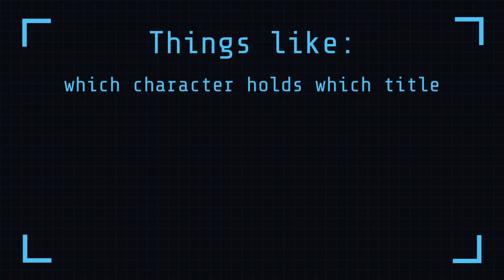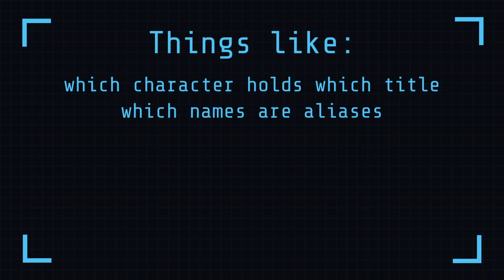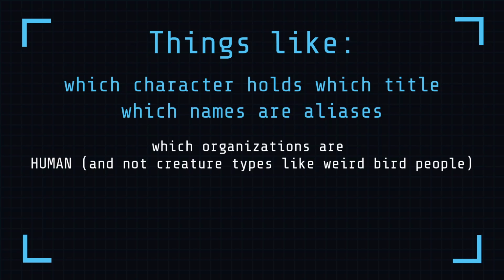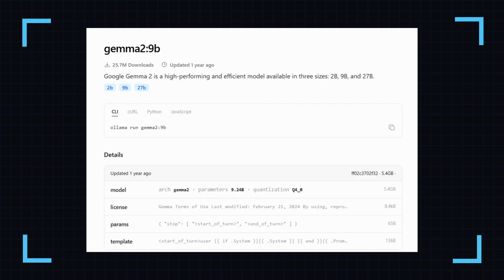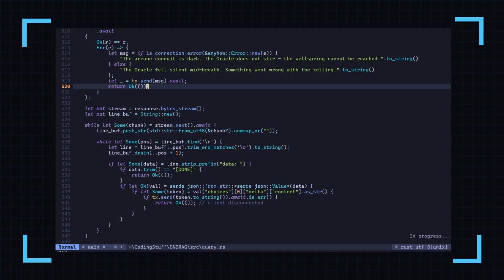Things like which character holds which title, which names are aliases for the same person, which organizations are human and not creature types. Because believe it or not, I actually had that problem. Then Gemma 2 9B generates the final answer, and the tokens stream back via SSE.